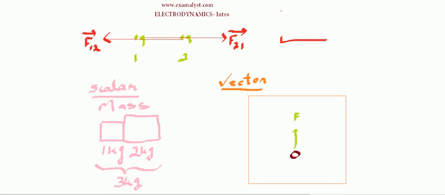If I push this ball with a force F towards the left, then the ball will try to go to the left. So there are two cases: if you apply the force upward, the ball will go up, and if you apply the force towards the left, the ball will go towards the left.